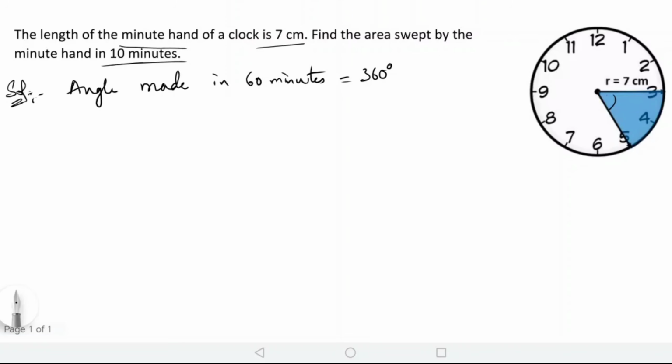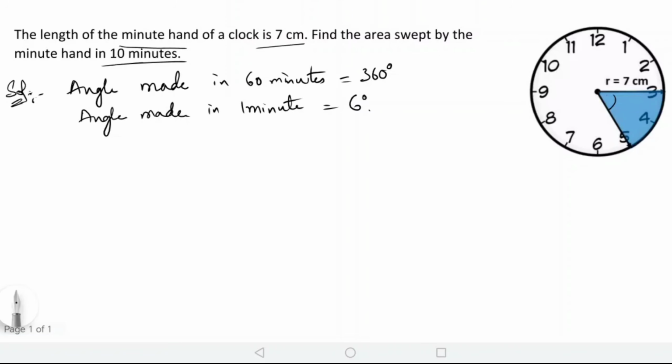So angle made in 1 minute is equal to, if we cancel this, we will get 6 degrees.